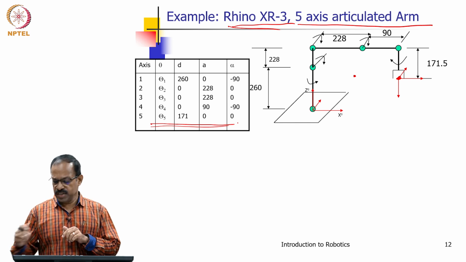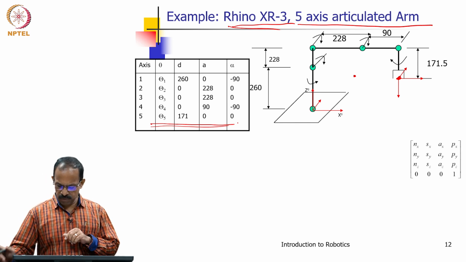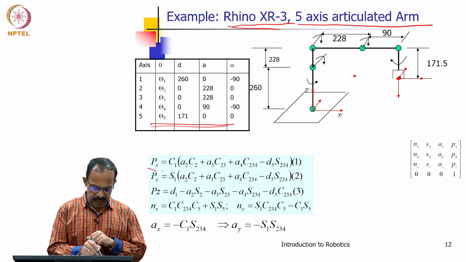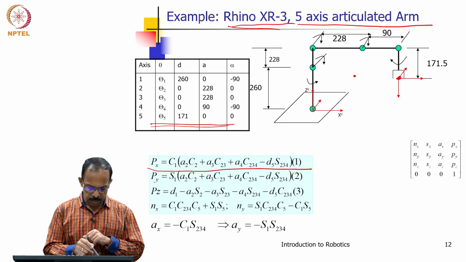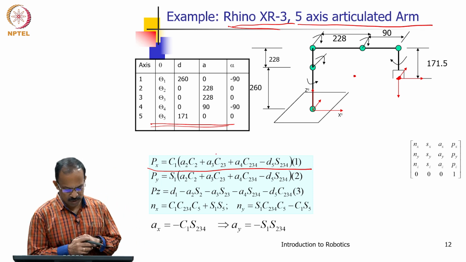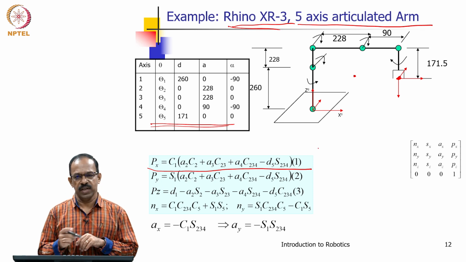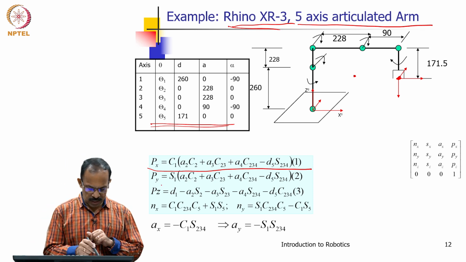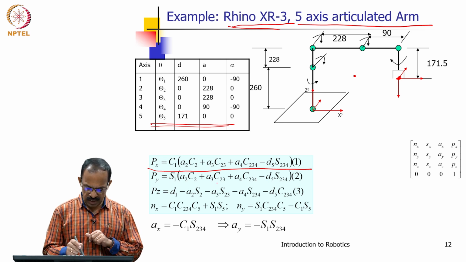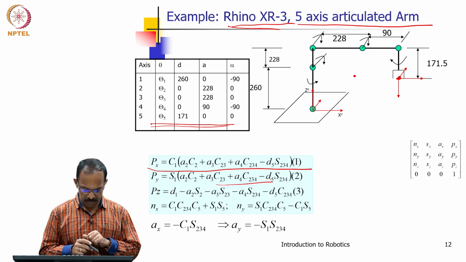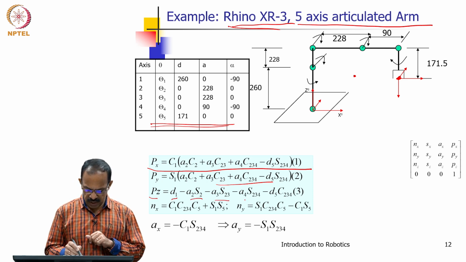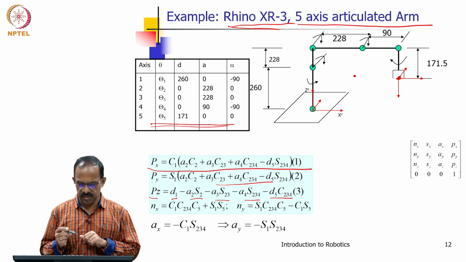Once you have this relationship, let us see how we get this. So, we can write it like this. You will be getting the forward relationship: Px is equal to C1 multiplied by (A2 C2 plus A3 C23 plus A4 C234 minus D5 S234), and Py equals S1 multiplied by this same factor, and Pz is D1 minus A2 S2 minus A3 S23 minus A4 S234 minus D5 C234.